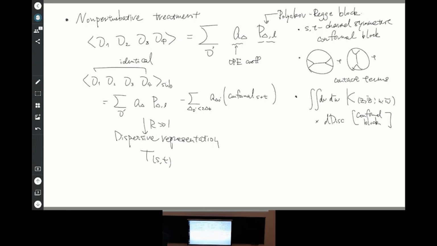We checked it in the Ising model as well, as far as I remember. What controls the power law exponent with which it converges? It's essentially the number of subtractions. If you restrict to the twice subtracted dispersion relation, this is going to fix the exponent. I don't exactly remember what it is, but maybe it's like 1 over delta squared or 1 over delta to the 4, something like that.